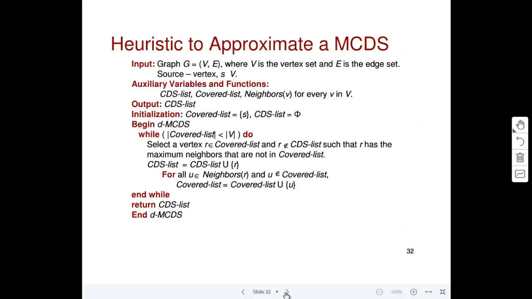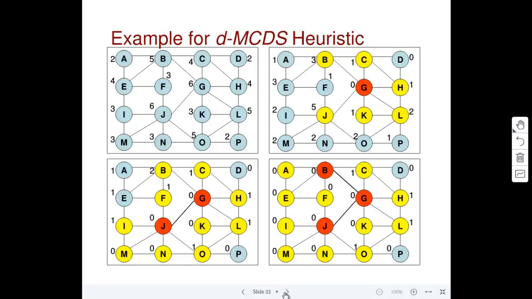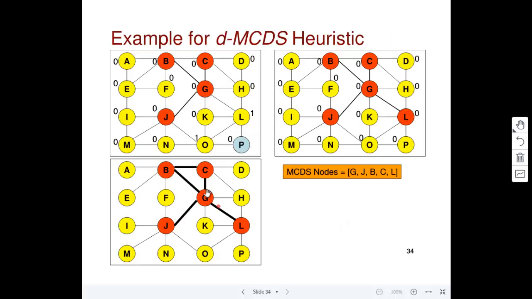Now we are going to look at another example, say this example, and you're going to find a connected dominating set of these 5 vertices B, C, G, J, L. Now again it satisfies the definition of a dominating set because for any vertex in the graph it is either in the dominating set or one of its neighbors is in the dominating set.